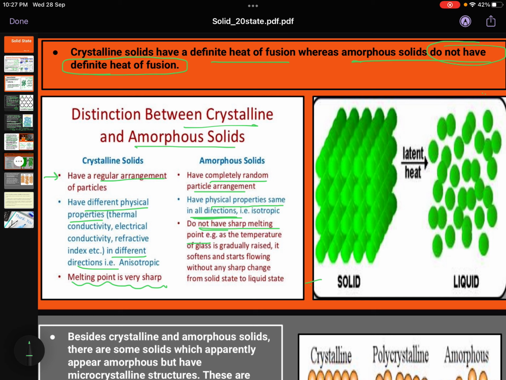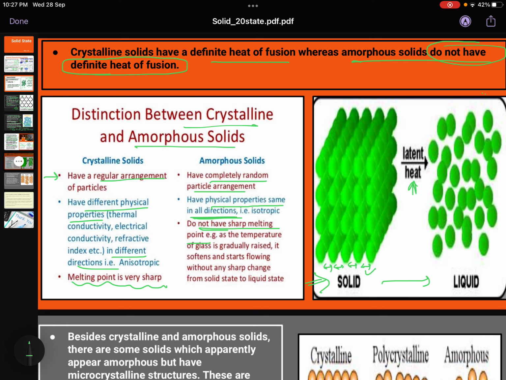This diagram is showing the heat of fusion. Heat of fusion is the heat which is required to break the solid bonds and to convert the solids into liquids. We can also call it latent heat. So the solids have particular intermolecular forces of attraction.